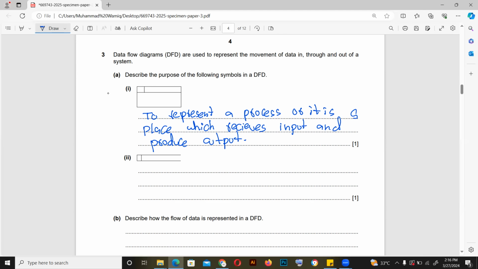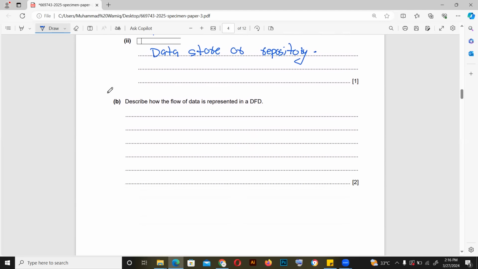This sign mostly refers to your data store or repository. This is a place where you keep all of your data that can be kept for later use or further use. Describe how the flow of data is represented in DFD.